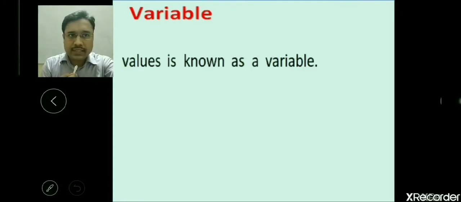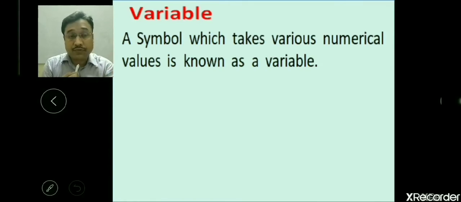As you can see here, a symbol which takes various numerical values, that is called a variable. So that's why I've said it acts just like a packet, in which we can change whatever object we are putting inside.